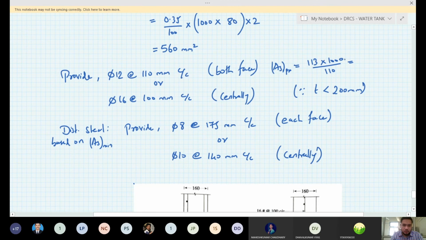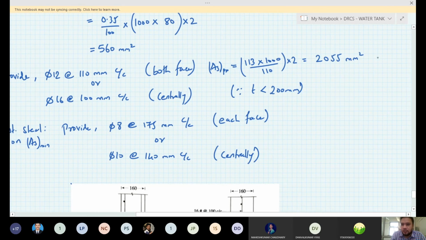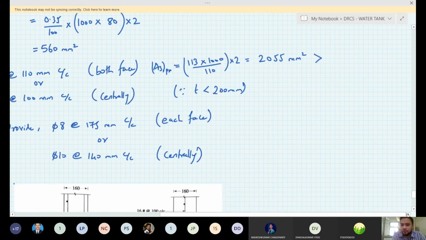This is provided on both the faces, so multiply it with 2: 113 into 2 into 1000 divided by 110. So area of the steel in this case is 2055 mm square, which is greater than the AS required.